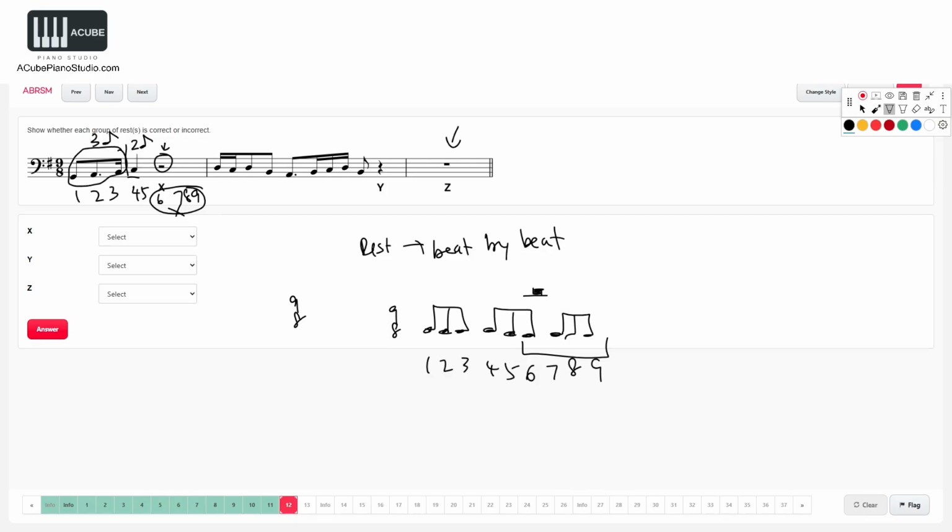So this is definitely wrong, because for compound time like 9/8, we group them 3 by 3. So you cannot put beat 6 with beats 7, 8, 9. You should split it into this and this. Alright, so this is incorrect.